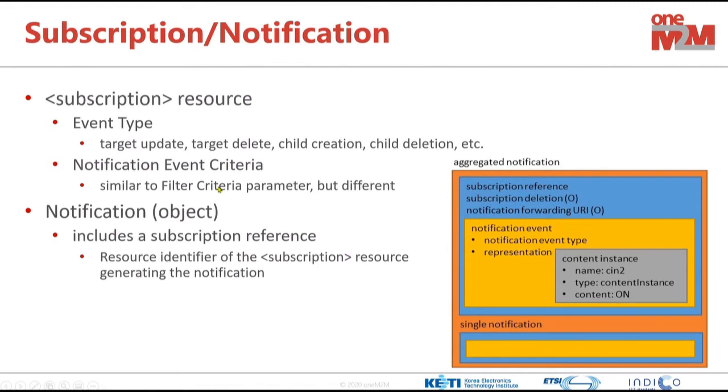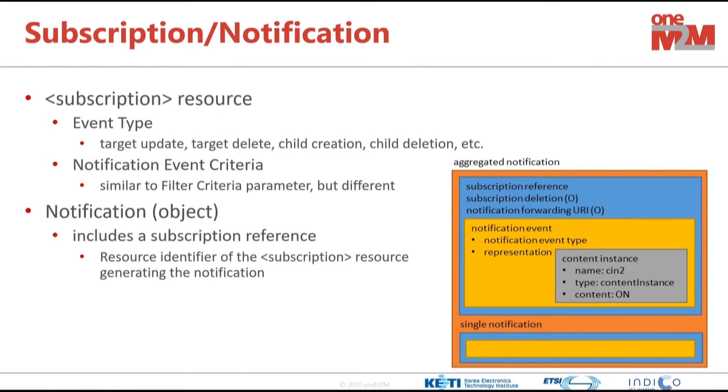In a subscription, we can also indicate the event type. I gave you a further explanation, an example: if there is a container and I want to get container meta information updates, then I would pick update of target, because the container is the target resource for my subscription.